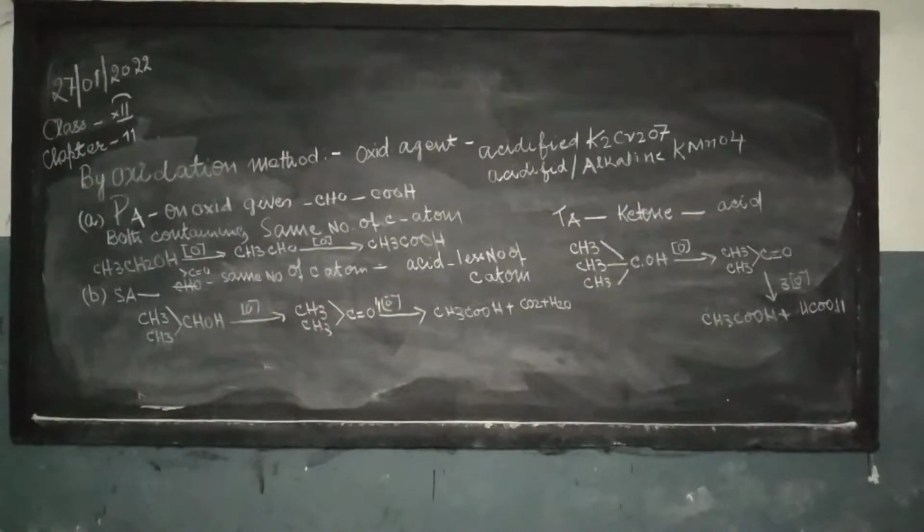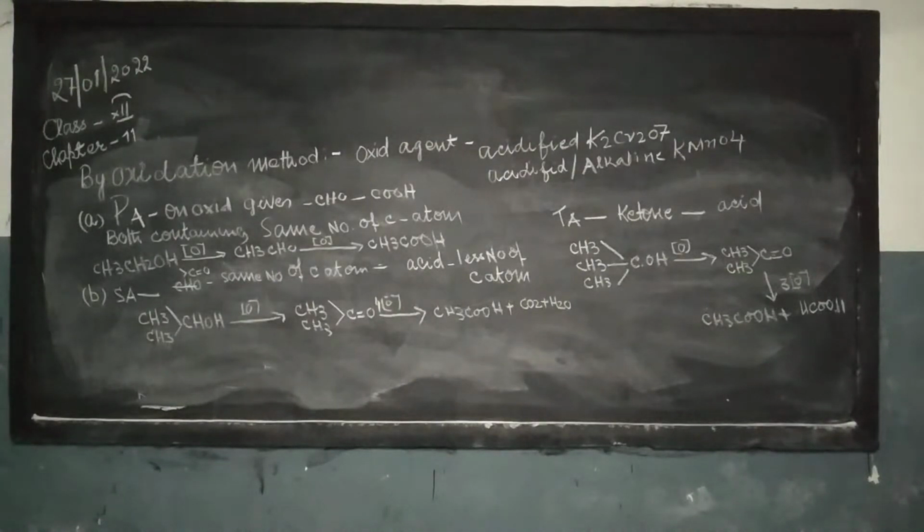In ethyl alcohol there are two carbon atoms, which on oxidation gives acetaldehyde, which contains the same number of carbon atoms. Aldehyde on further oxidation gives acetic acid, which also contains the same number of carbon atoms as in the ethyl alcohol.